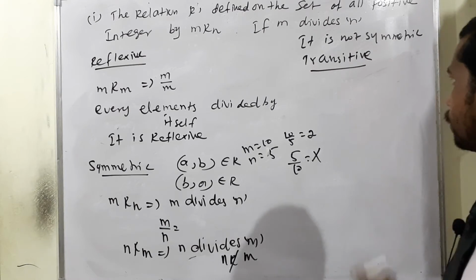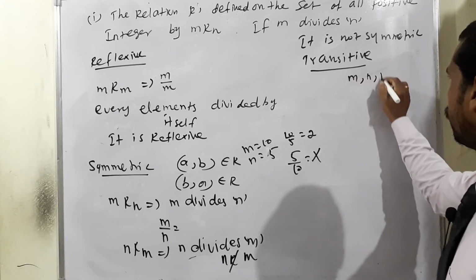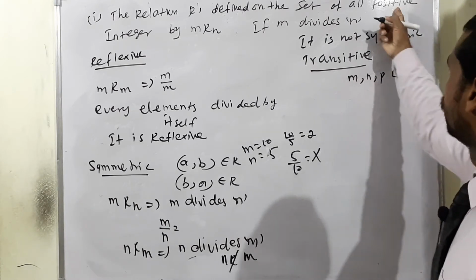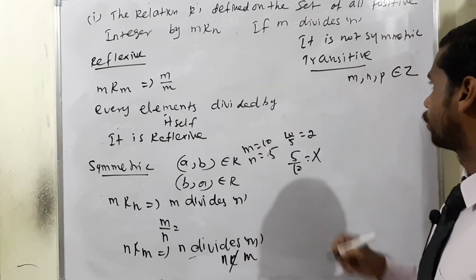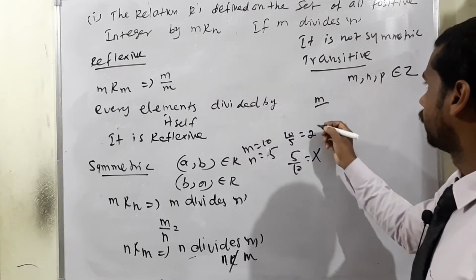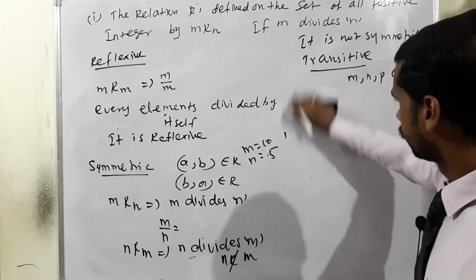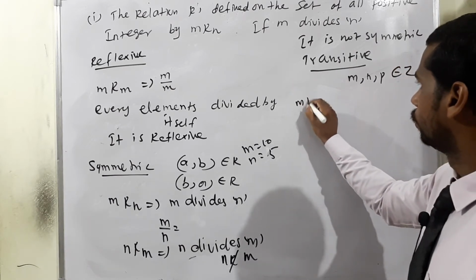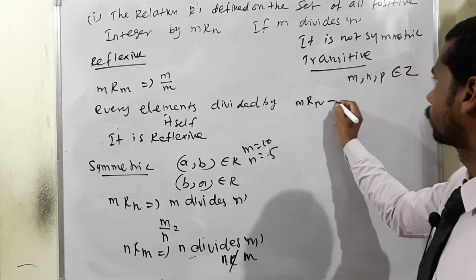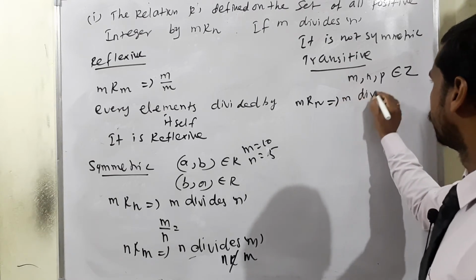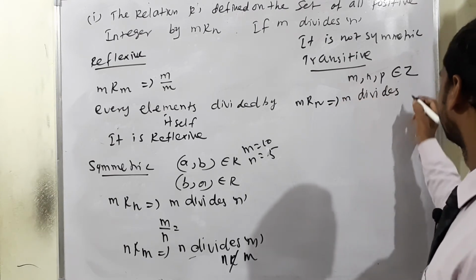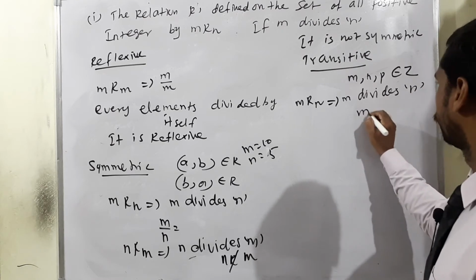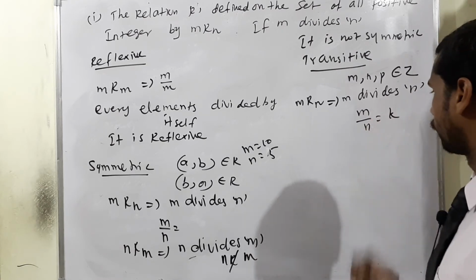Third one, transitive. Consider m, n, p belongs to Z, all positive integers. m related to n means m divides n, so m divided by n is some constant k.